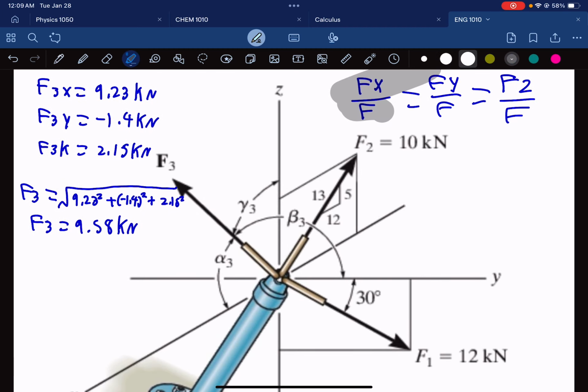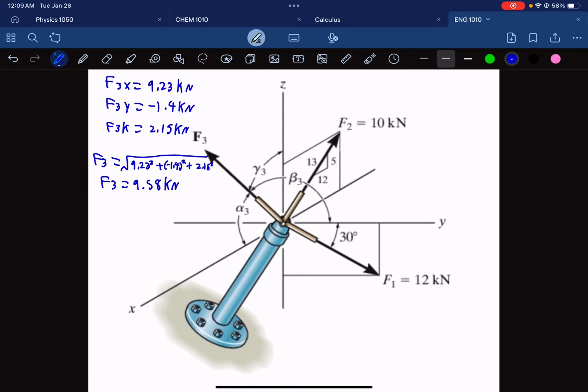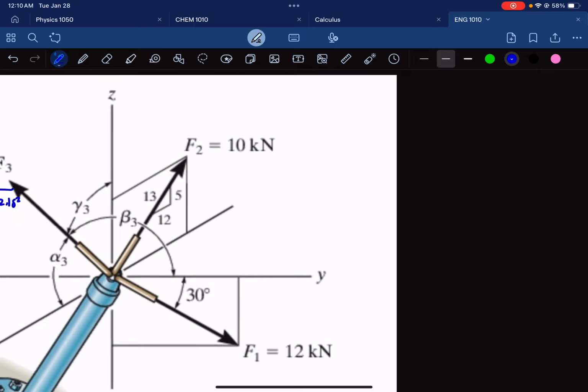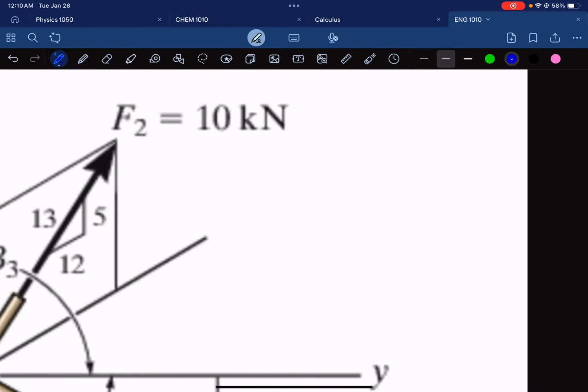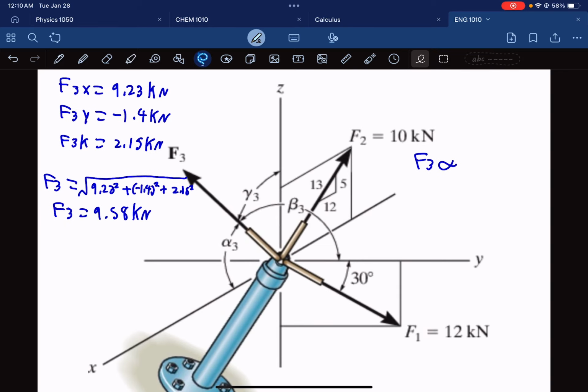So now we'll just solve there. So now solve for F3 alpha. So we want to go, nice clean spot here. Let's go F3 alpha, like that.